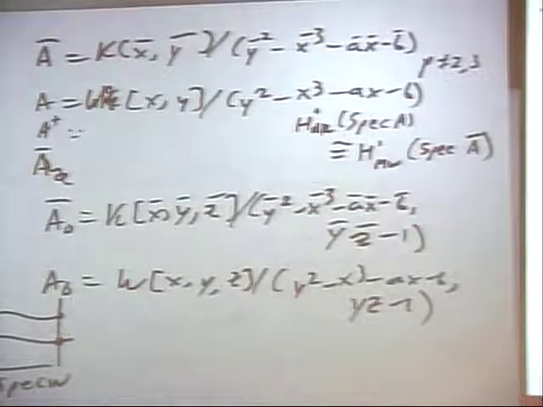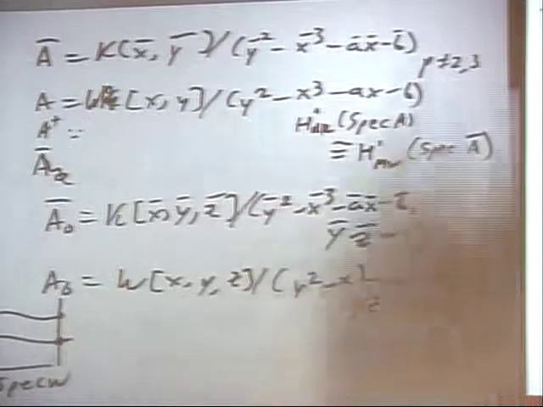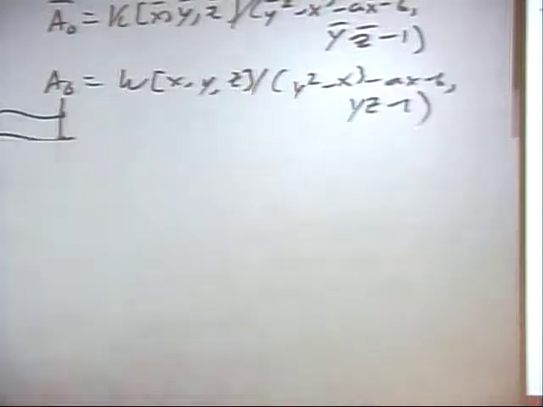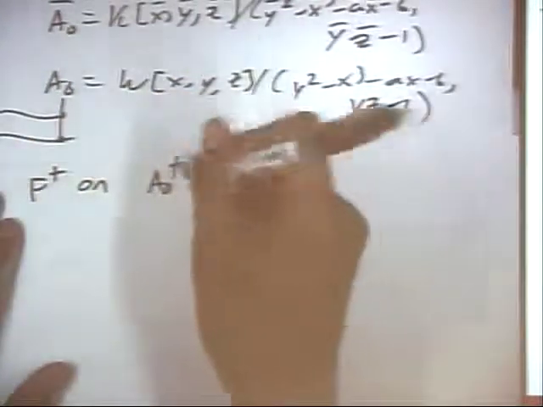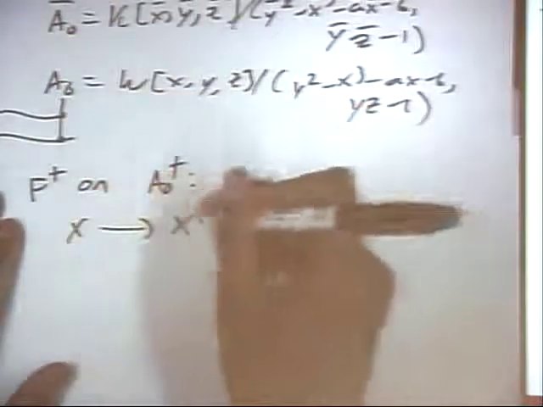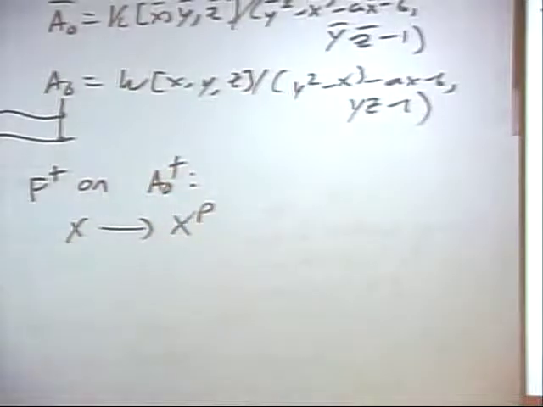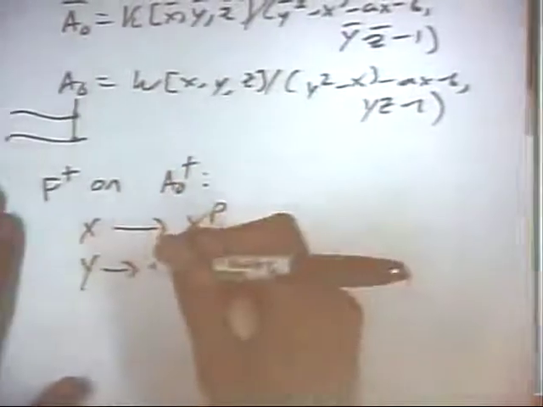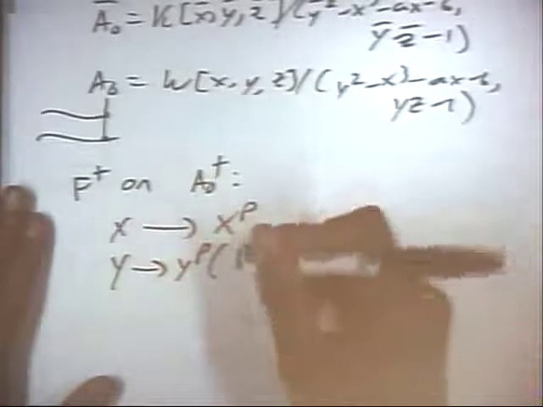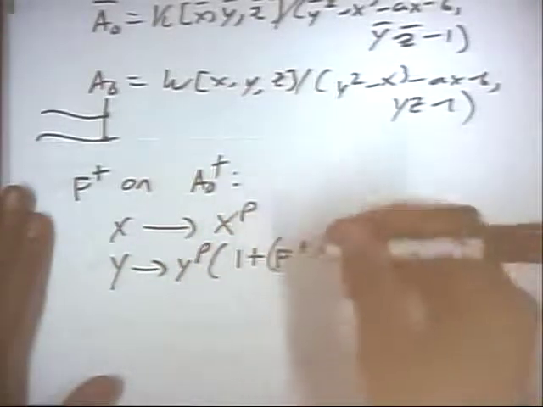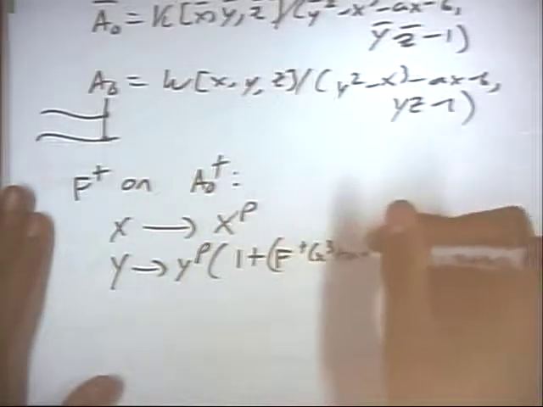I'm taking out 3 points upstairs, lifting the 3 points I took downstairs. And the reason to take this A naught instead of A is that you get a really nice definition of a Frobenius lift. So you can lift x goes to x to the p, and then y goes to some expression that it's forced to go to, which I'm copying down from my notes.